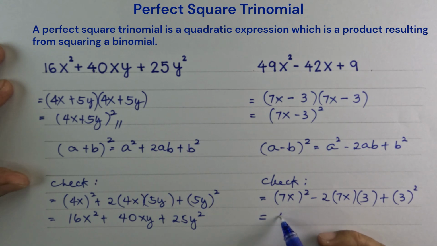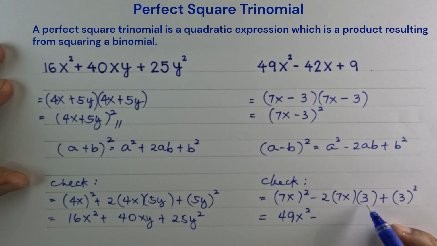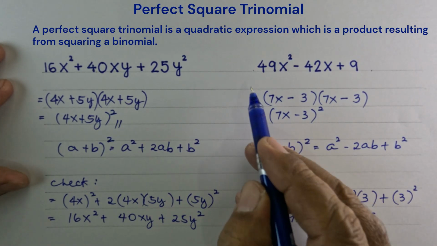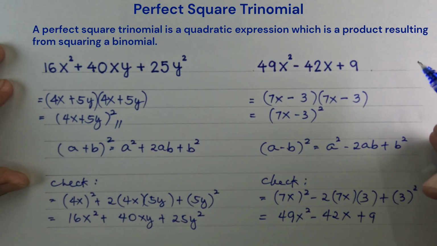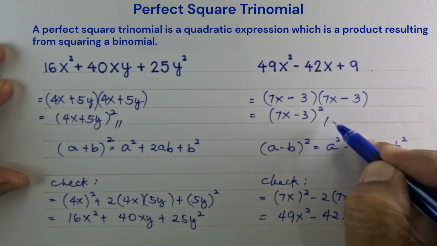So that's 49x squared minus 2 times 7 is 14 times 3 is 42x plus 9. So it's the same as the given quadratic trinomial. Therefore, this factoring is correct.